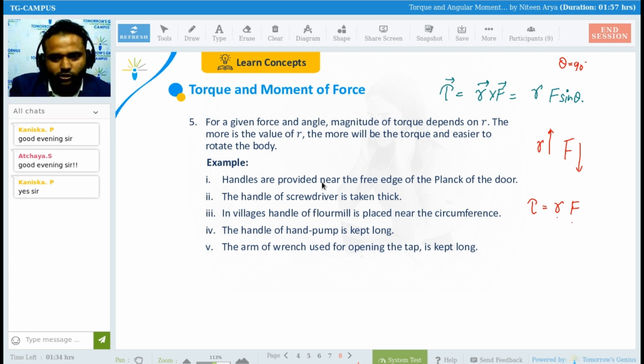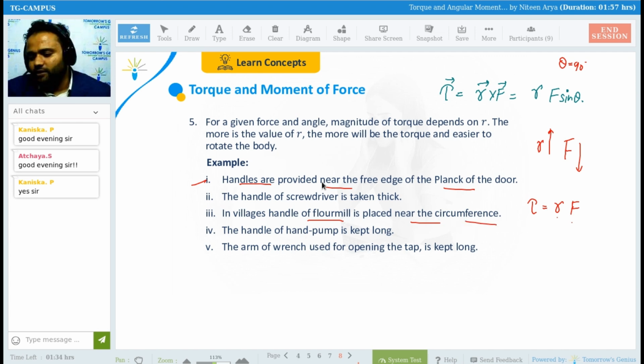Examples of what we are talking about right now: the first one we already discussed, handles are provided near the free edge. Free edge means the part of the door plank which rotates. The handle of a screwdriver is taken thick. In villages, the handle of a flour mill is placed near the circumference.